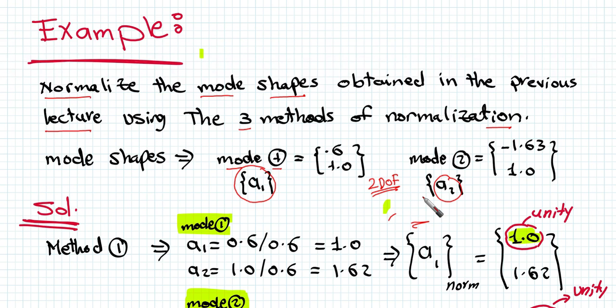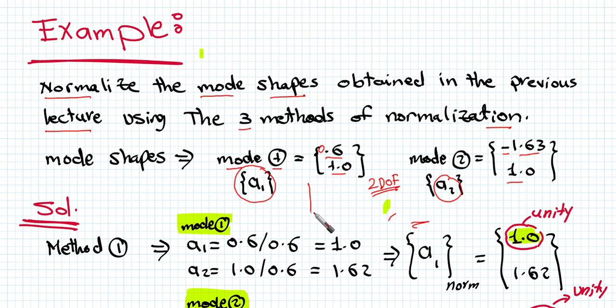For mode shape 1, the values of the amplitudes were 0.6 and 1, and for mode shape 2 they were minus 1.63 and 1.